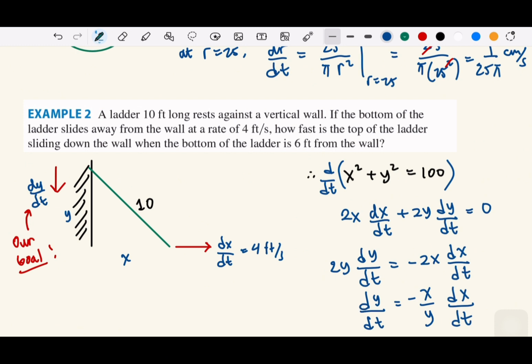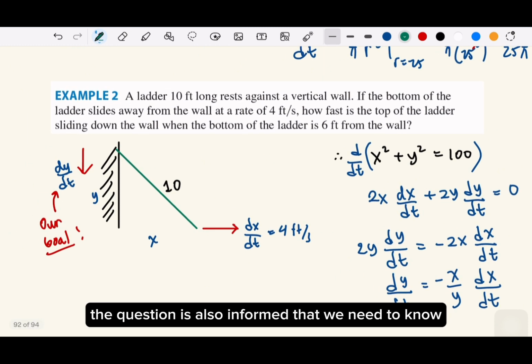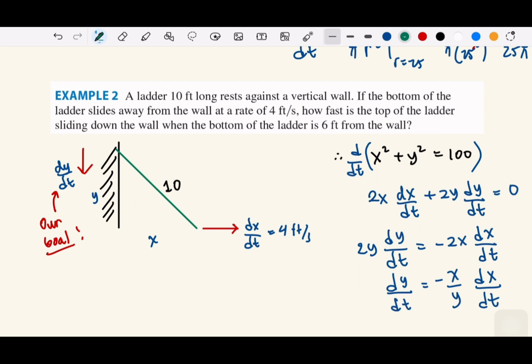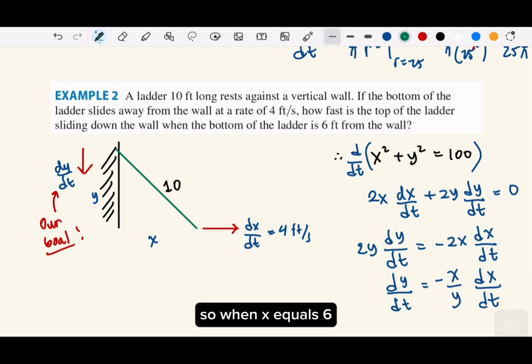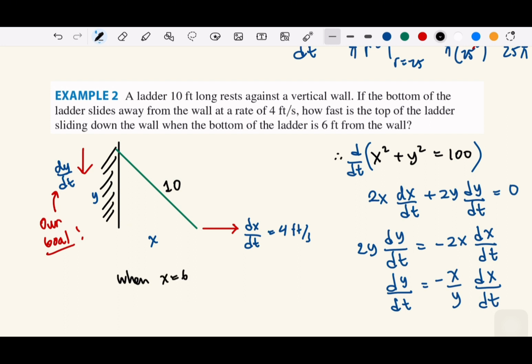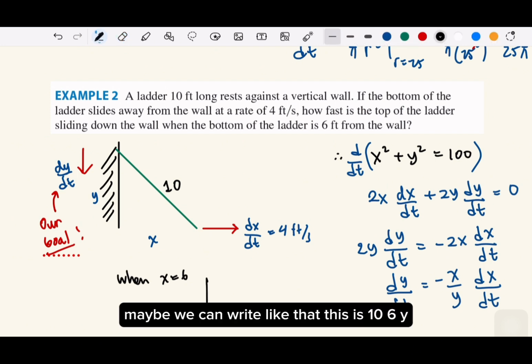Now, the question also informs us that we need to know the dy dt when it is 6 feet at the bottom. So when x equals 6, we can write in another page, when x equals 6, then maybe we can write like that.